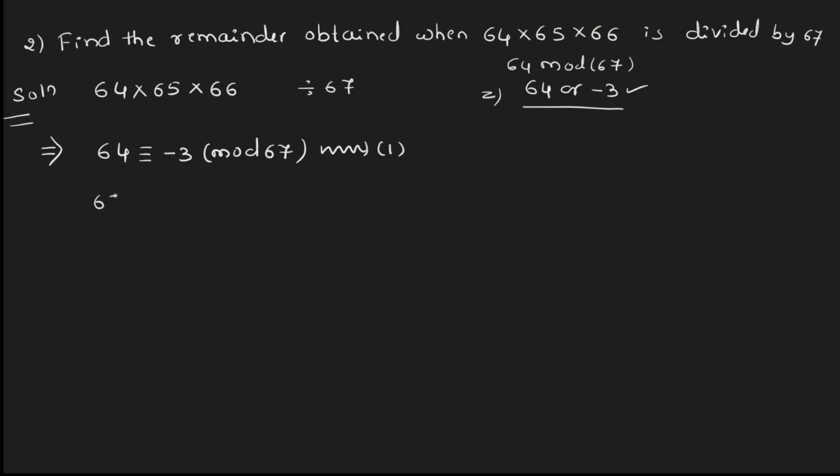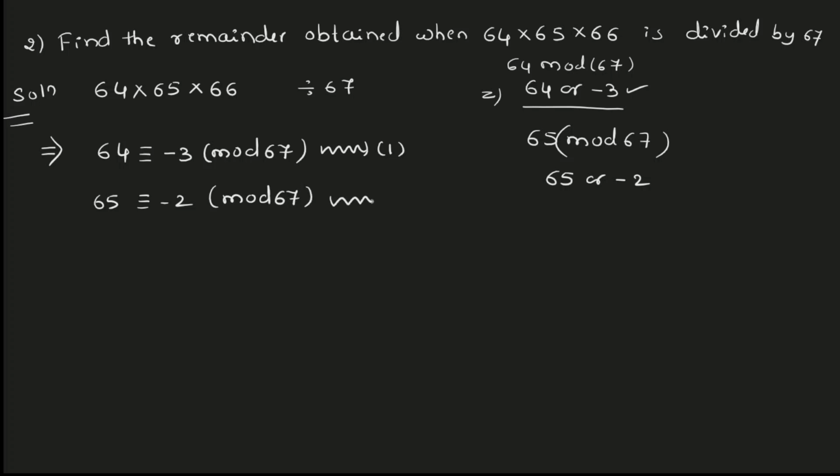Next number is 65. Again, 65 mod 67 is less than 67 only. So you will get either 65, or to reach 67 we need 2 more, so it is minus 2. It is congruent to minus 2 mod 67.